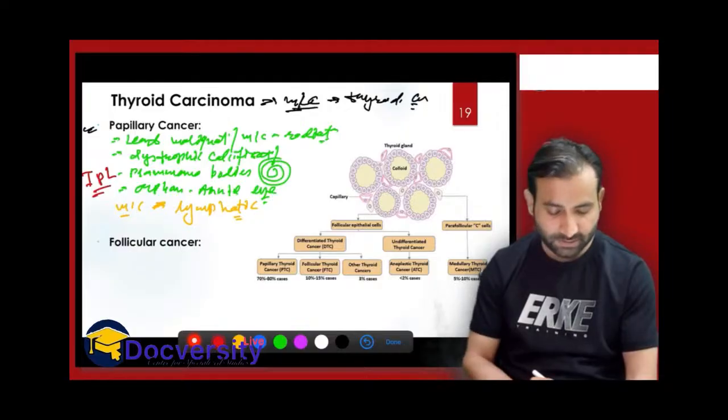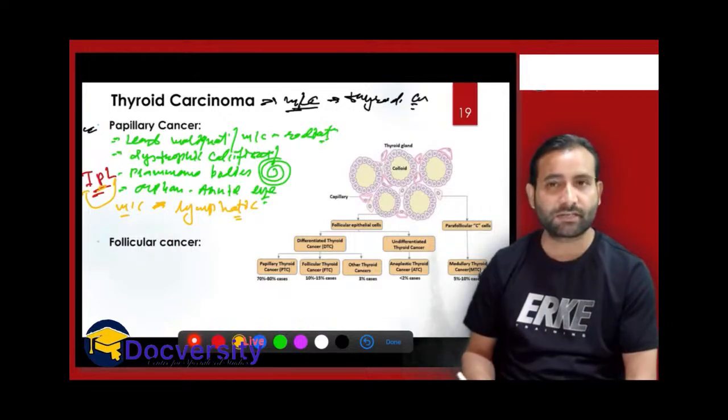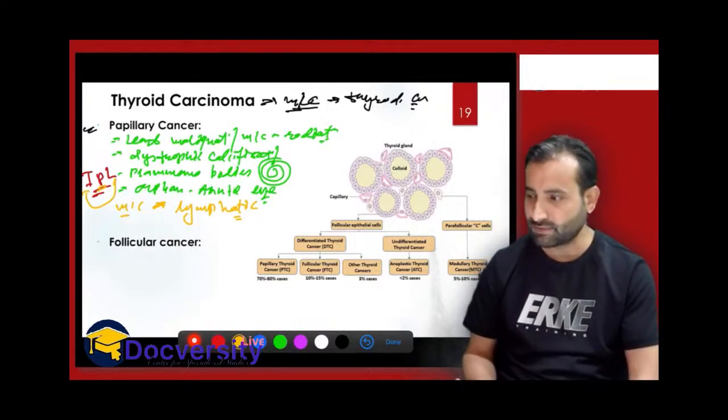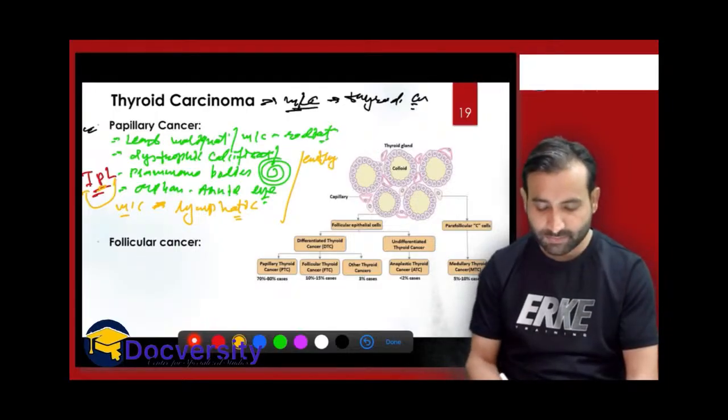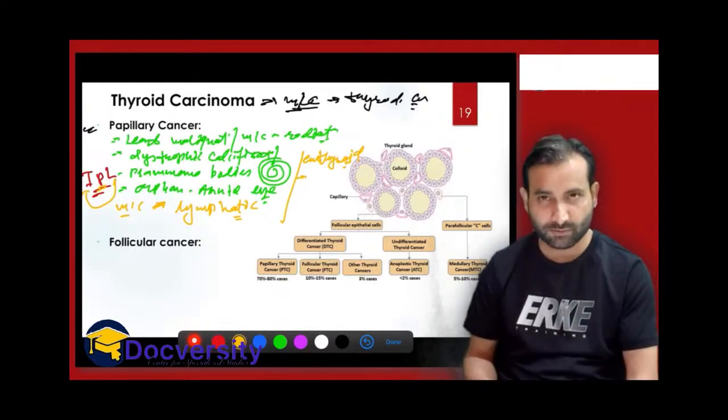So how will you remember this one? This is as IPL. IPL: papillary carcinoma with lymphatic metastasis and invasion. So remember as IPL. And in this condition, the patient is usually euthyroid. Euthyroid means thyroid hormone level neither increased nor decreased. Hope you understand.